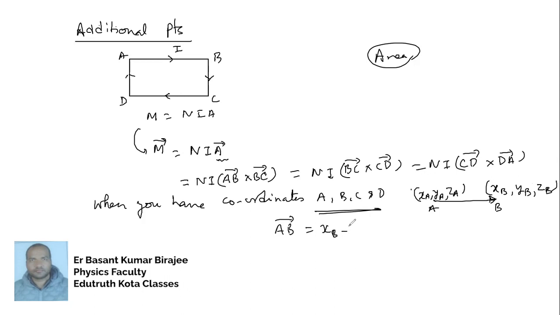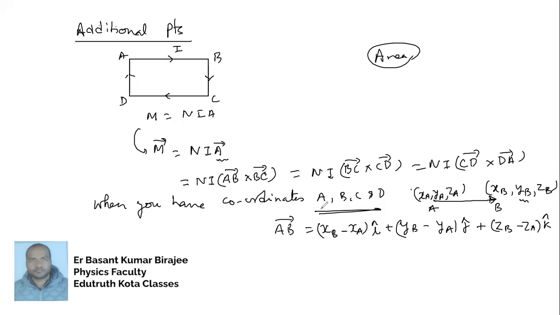XB minus XA, and along the x-axis we have unit vector I. Similarly, you write YB minus YA, and the unit vector along y-axis is J. Similarly, you write ZB minus ZA, and unit vector along z-axis is K.